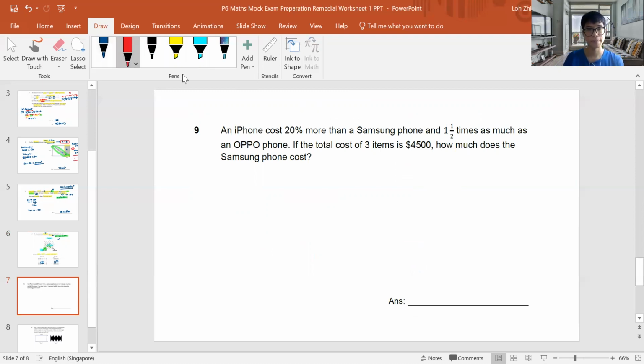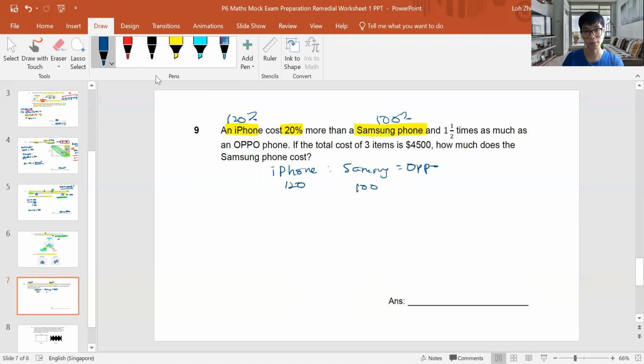Firstly, if I say iPhone costs 20% more than a Samsung phone, which means what? If I have iPhone here, Samsung here, and Oppo here. If I say iPhone is 20% more than Samsung phone, which means that if Samsung is 100%, iPhone will be 120%. If I put in ratio, it will be 120, 100.